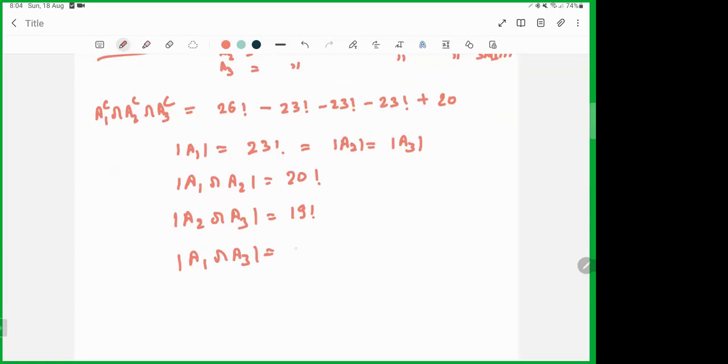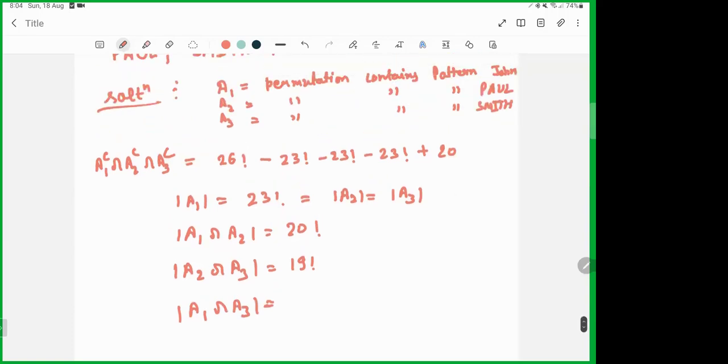And what is the cardinality of A1 intersection A3? Can you say what is the cardinality of A1 intersection A3?